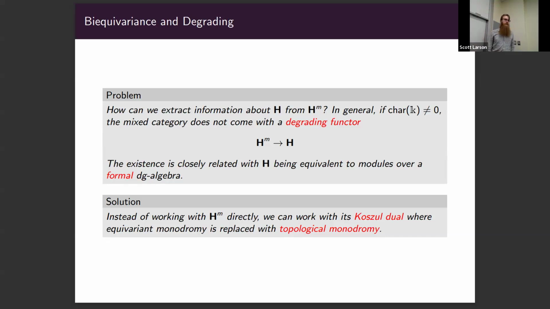The way you construct this is by taking all the simples, adding them all together, and looking at its endomorphisms. It's some really big, really complicated algebra. And what the degrading functor in positive characteristic is really coming from is whether that algebra is formal. And proving things are formal is really hard unless you have some special trick.